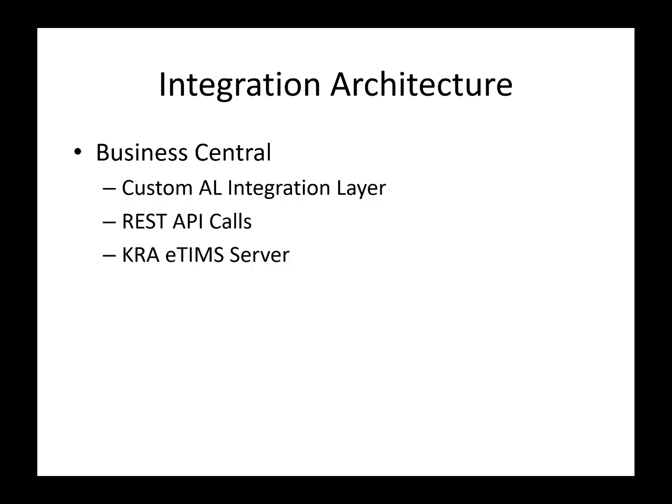What I mean here is that in AL, we communicate directly through the REST API using some built-in methods. So we communicate to the KRA server, maybe sending data or fetching data. Software engineering revolves around data management, that is creating, storing, sending, receiving, encrypting.